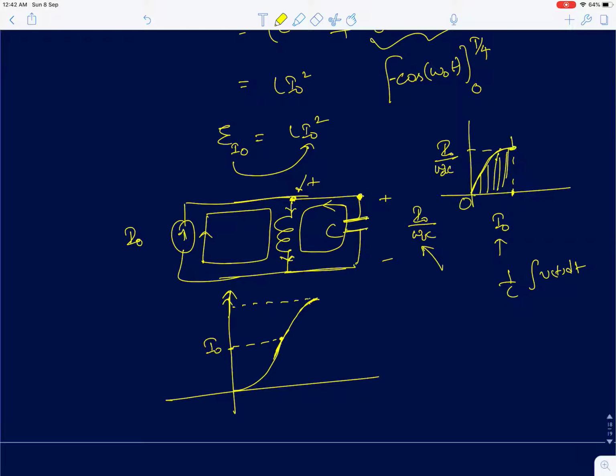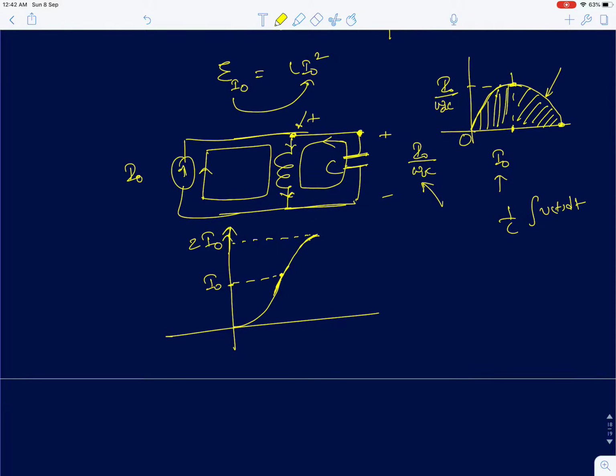Now the voltage across the capacitor is falling from a peak value to 0, but it is always positive. So if I integrate this region, the current is again going to be the same. So therefore the peak current that the inductor will reach is 2 I naught. Okay. Now at t equal to T by 2, the voltage across the capacitor will come down to 0.